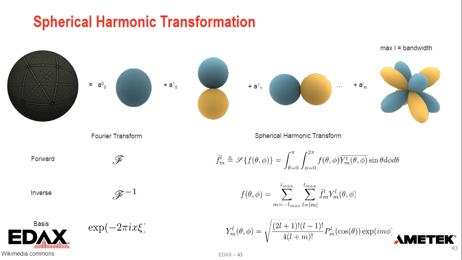So the forward Fourier transform equivalent for a spherical harmonic transform is this double integral over the function of interest f times these basis functions Y_lm, and then the inverse Fourier transform equivalent is this sum over your weights f hat here times the spherical harmonic basis functions.